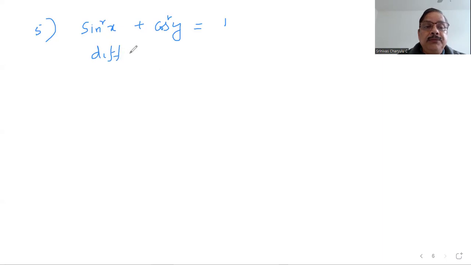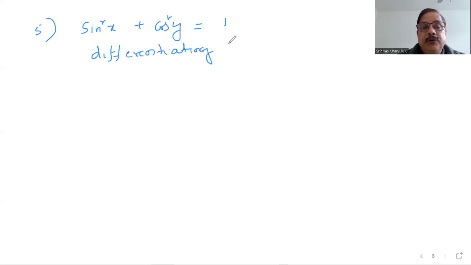Sin square x plus cos square y is equal to 1. Again, differentiating, we know very well how to do.